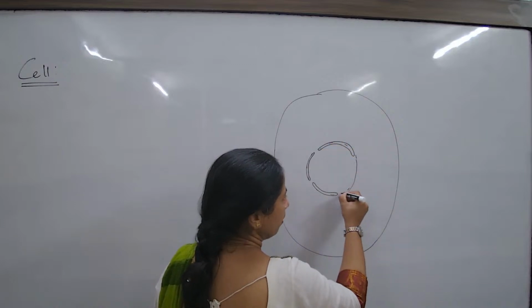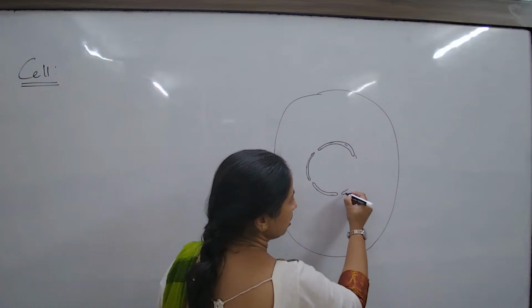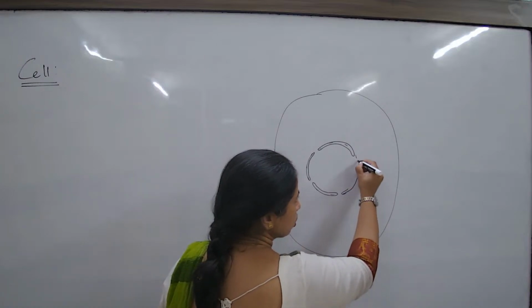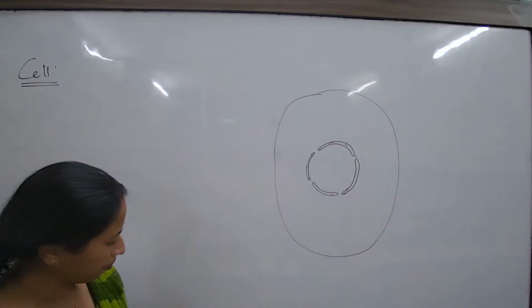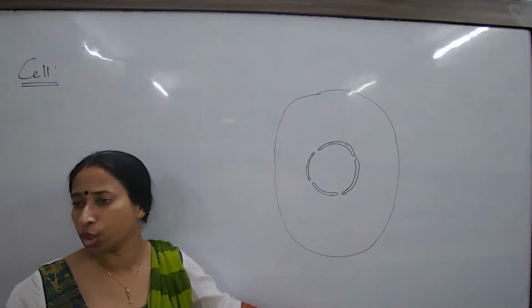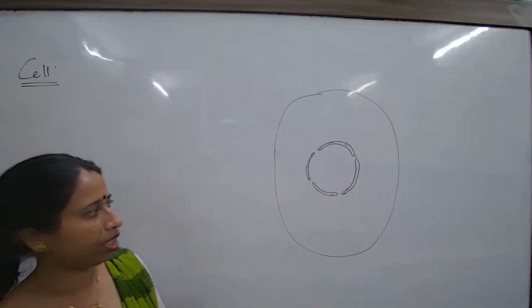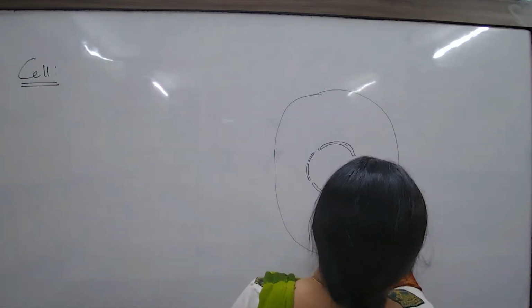No, this is always known as a eukaryotic cell. Then what is the difference? A prokaryotic cell does not have a well-formed nucleus and nuclear membrane, and the eukaryotic cell will always have a well-formed nuclear membrane. So now in the next page of your notebook, you will draw this diagram.